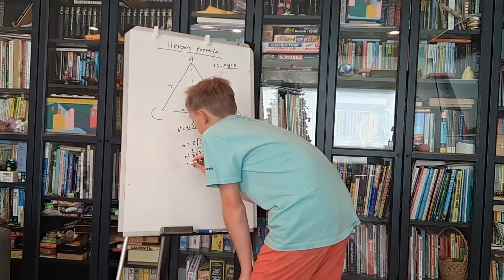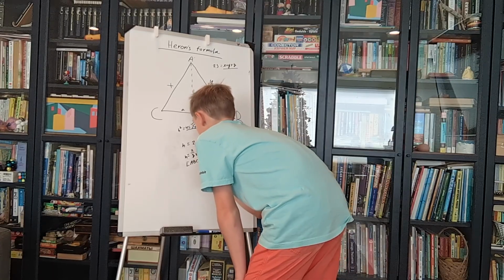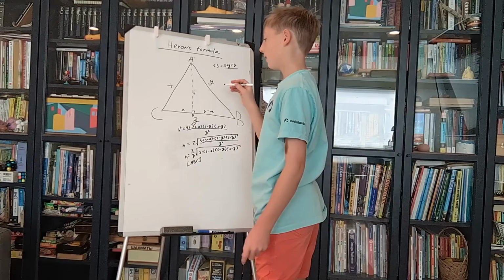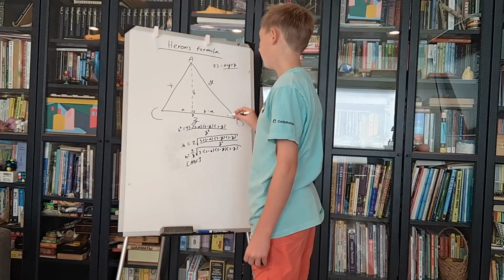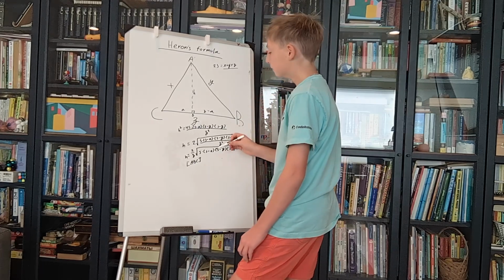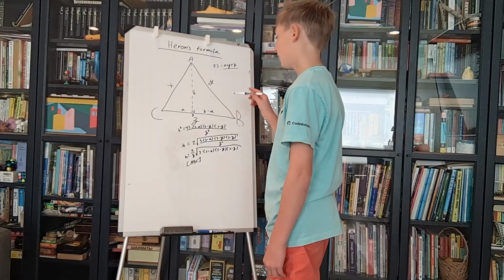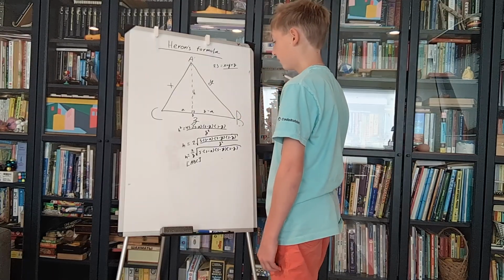The area of triangle ABC will be the height times the base times 1/2. And then the height is this, and times 1/2 z.